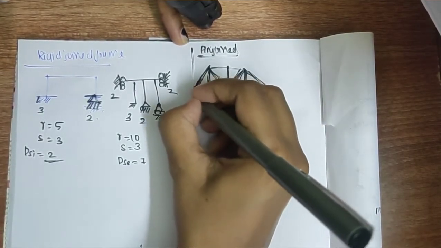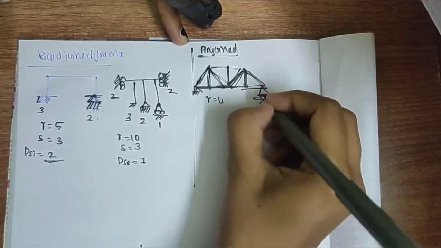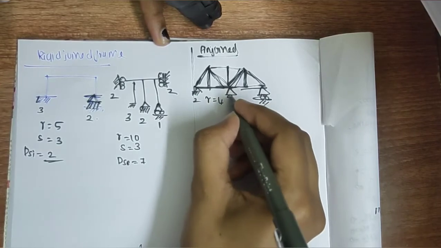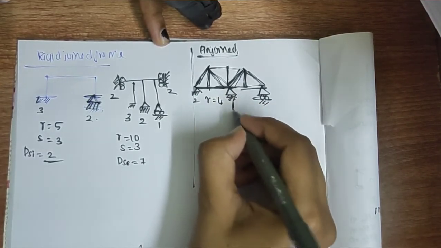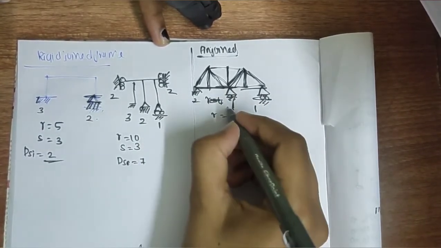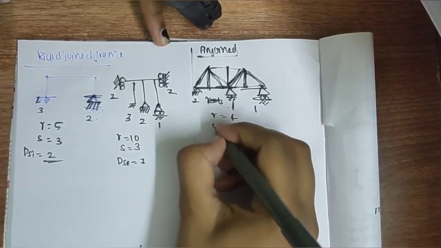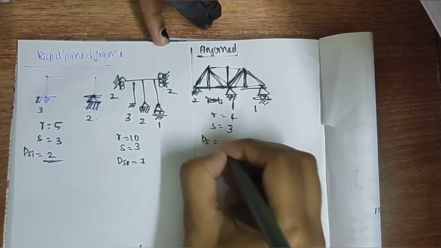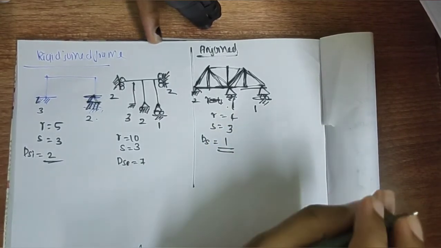Here, as it is pin jointed, the reactions are 2, and here I am giving 1 and 1. So the reaction is 2 plus 3 plus 1, which is 4, and the number of equations will be 3. So DSE equals 1. So it is also externally indeterminate.